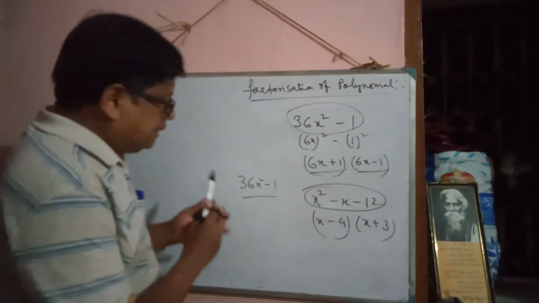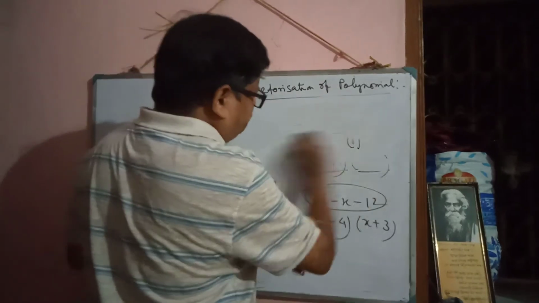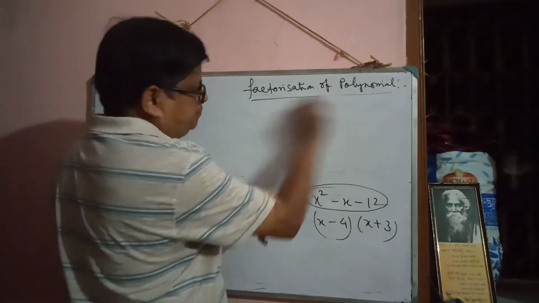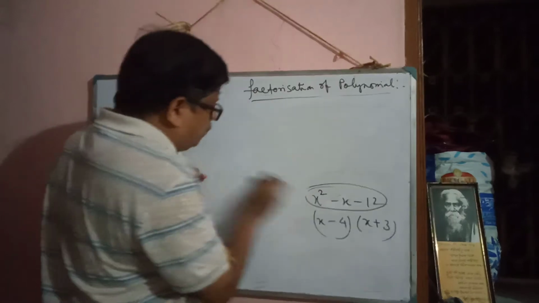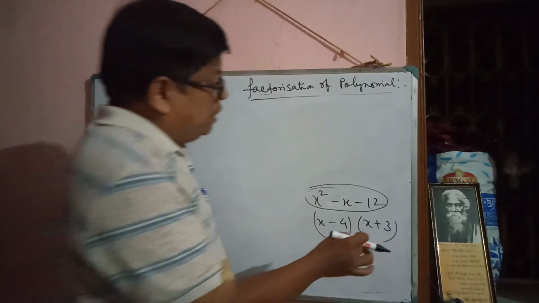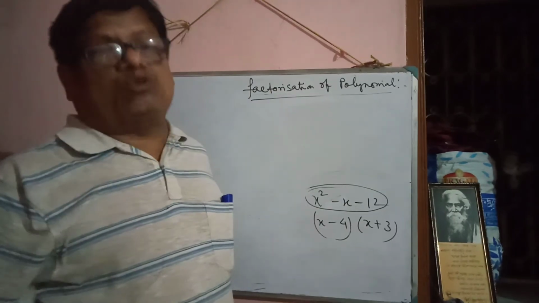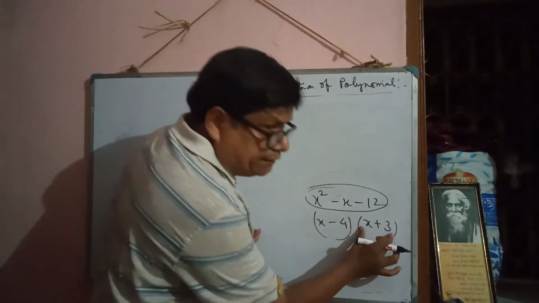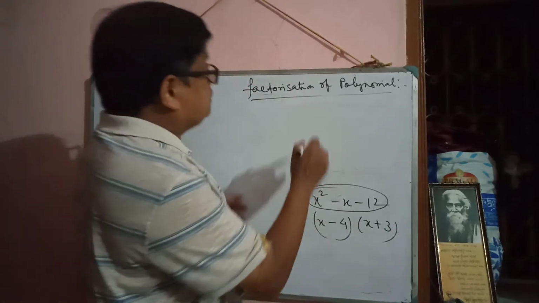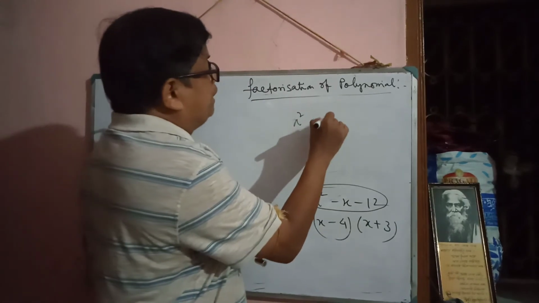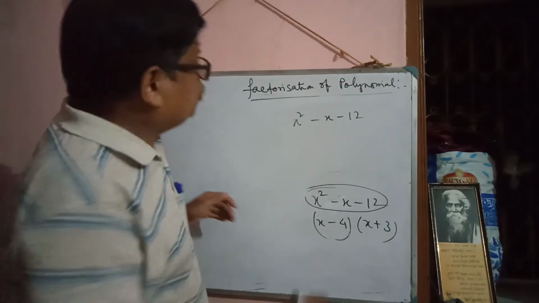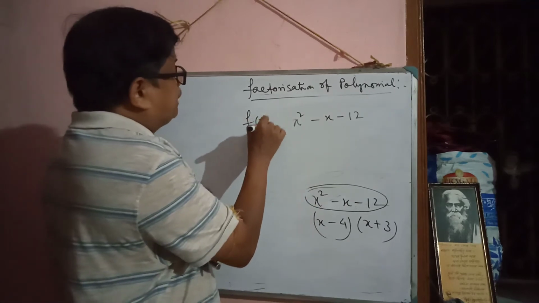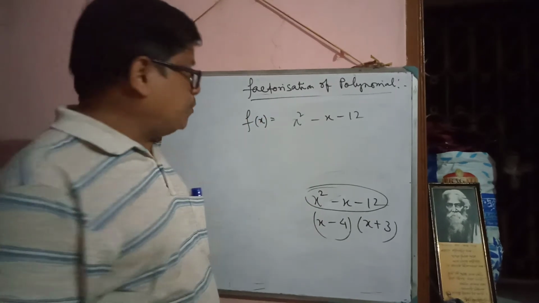Again I am showing why we say this is a factor. My question is why. Consider x square minus x minus 12 as f of x.